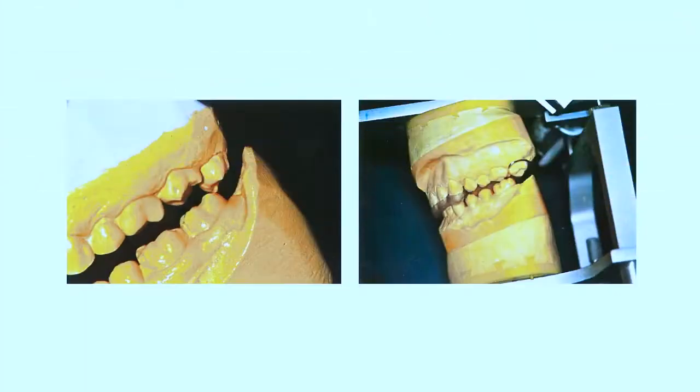When we talk about things like this, this is a perfect example of an interference. What happens is, if this patient is chewing, he is chewing all the time on the left side because on the right side he cannot move, as he is blocked here. And what does this cause to the muscles?